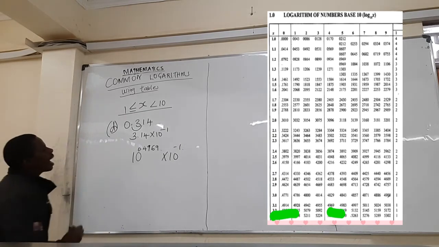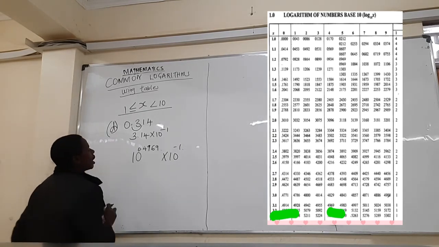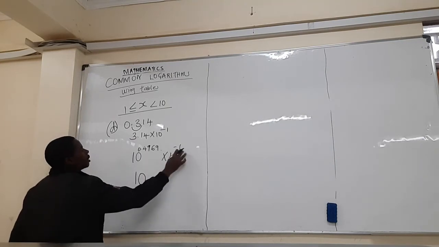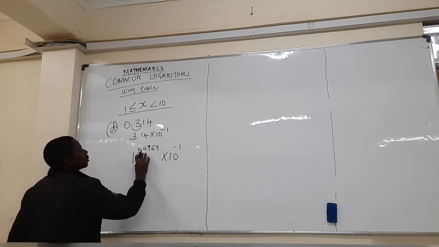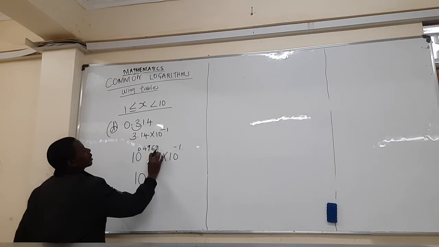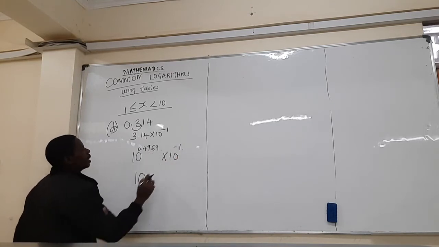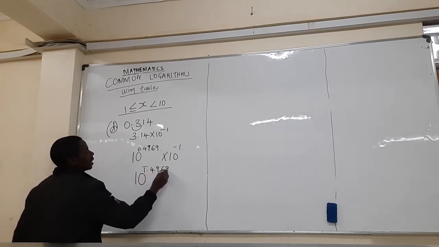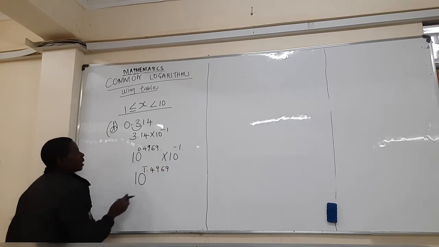So when we add these two, we are going to have 10 power, now you don't write minus 1, 0.4969 plus minus 1. This minus 1 we write as bar 1. So it is going to be bar 1.4969. Why is it bar 1?